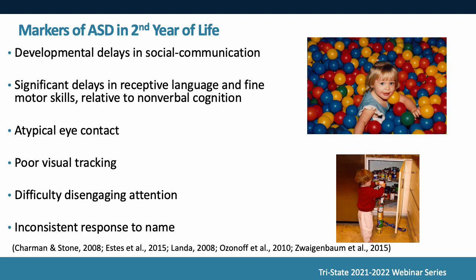If you can't shift away from something that's upsetting you, it can also lend to tantrums that can persist longer than they might if a typically developing child has the instinct to look away from what's distressing. You may see those maladaptive behavioral episodes be a bit shorter. And then lastly, in the second year of life, we continue to see an inconsistent response to their name being called.